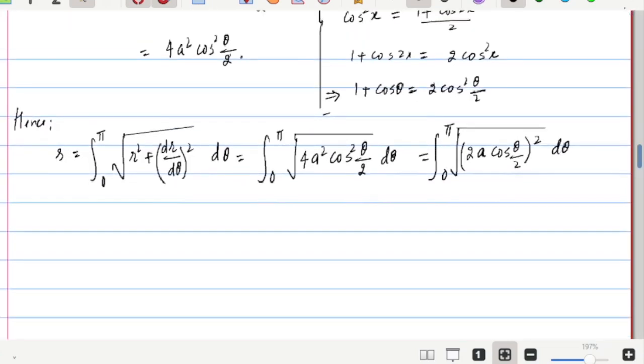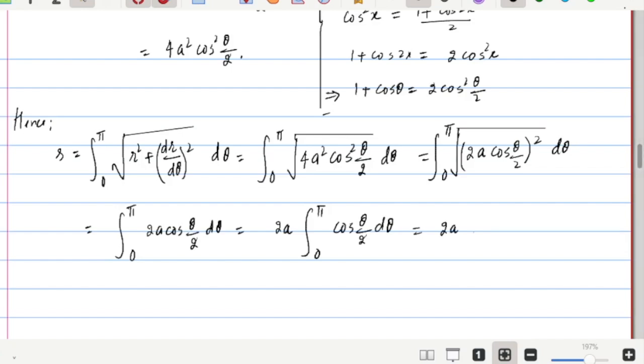Now here we can cancel the square and the root, so this is equal to integral from 0 to pi 2a cos theta by 2 d theta. Now we can take this 2a outside and integral from 0 to pi cos theta by 2 d theta. Now cos का इंटीग्रेशन हम जानते हैं that is equal to sin theta, so this is equal to 2a.